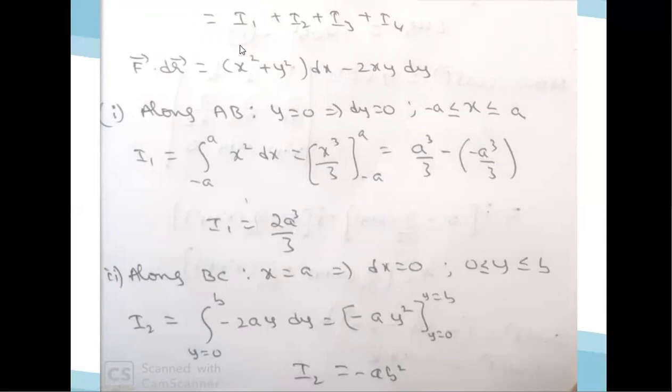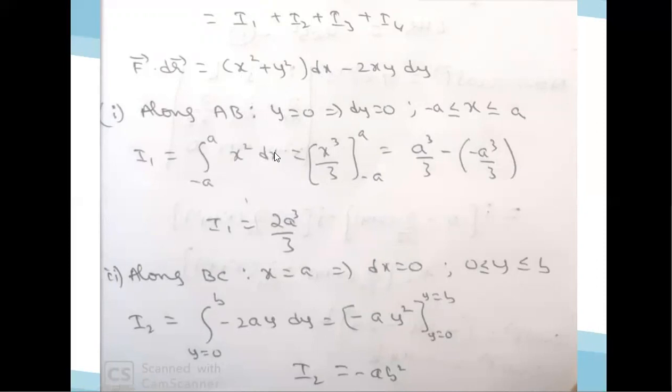In the first term, if you substitute y is equal to 0, you get x square into dx. And in the second term, if you replace y and dy by 0, the second term vanishes. So we get I1 as the integral from minus a to a, because x varies from minus a to a, of x square into dx.